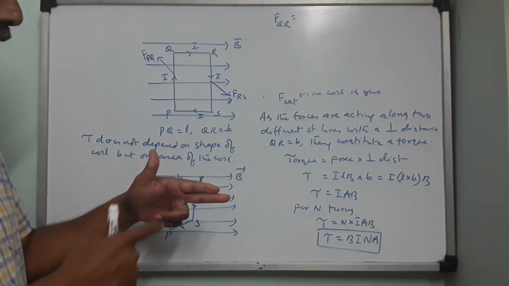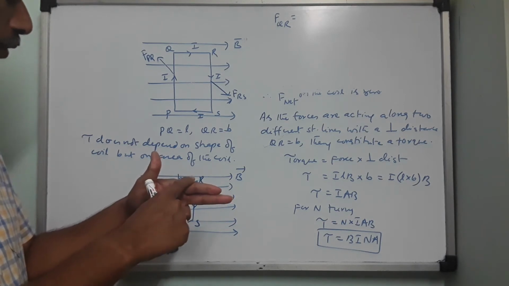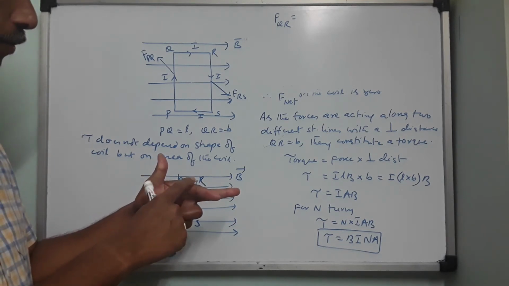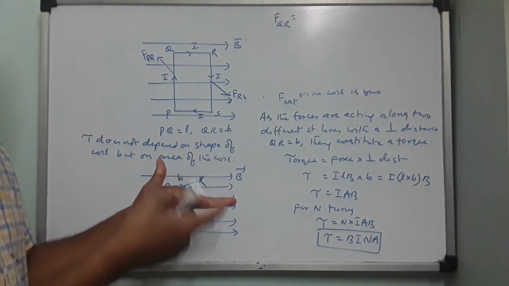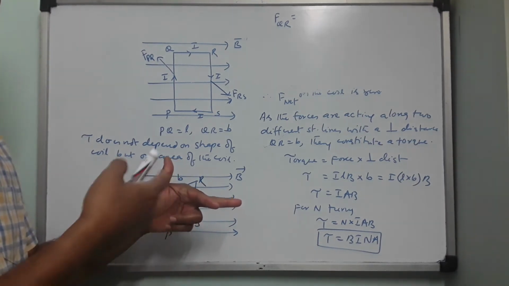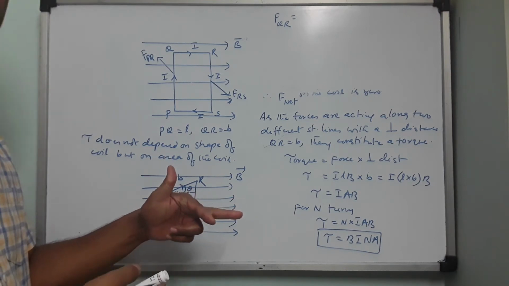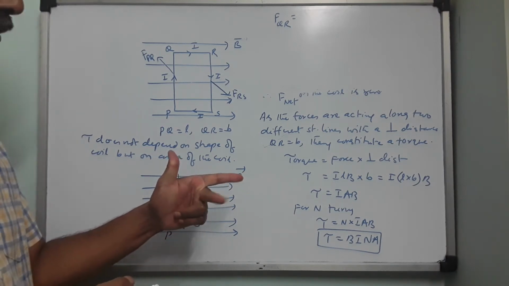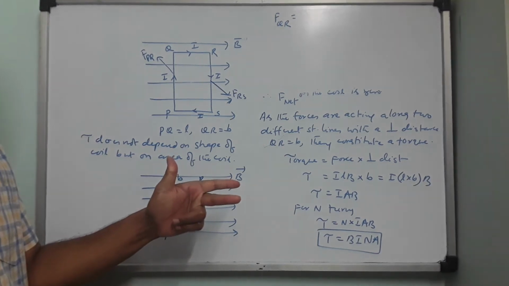But remember children, this is your field, but this is your current. The current is going like this now, so it makes an angle theta. This theta can be 10 degree, 20 degree, 30 degree, 45 degree, 60 degree, but it is not 90 degree. If it is 90 degree, it will be like this. So there is some angle between these two.